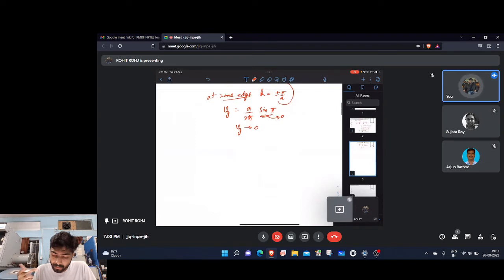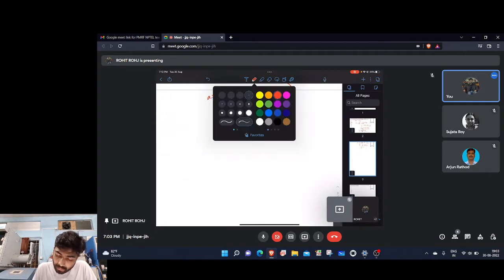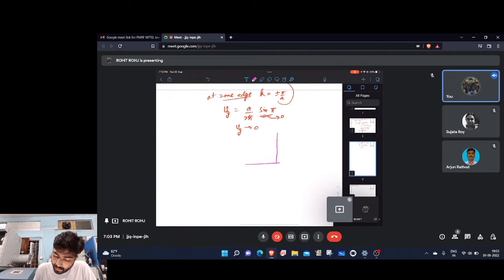Now there is another way of approaching this question. We have seen that the energy dispersion curve follows this way, and as the energy approaches the zone boundary, it has this type of curvature.